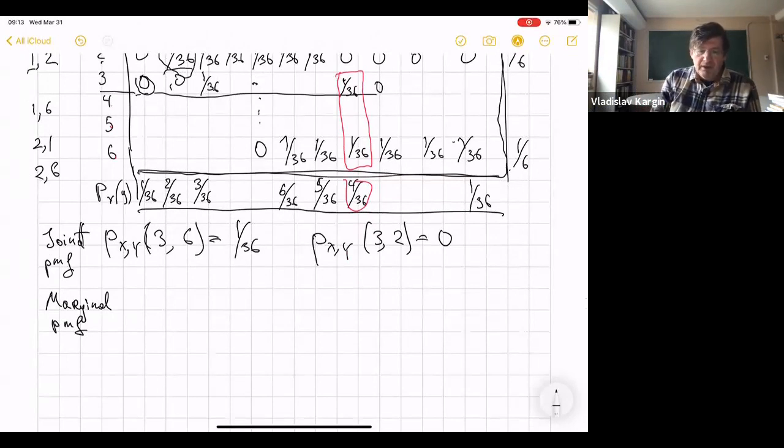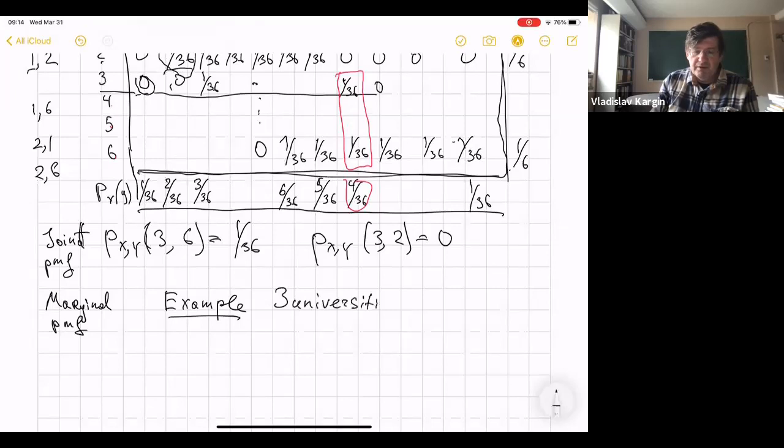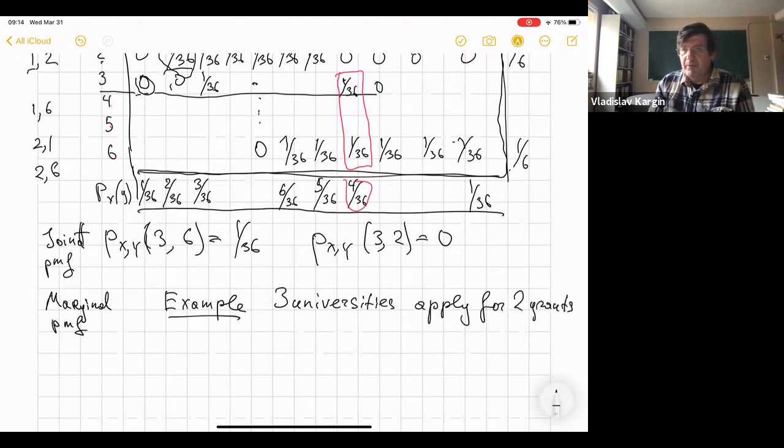Here's another example: researchers at three universities apply for 2 grants.